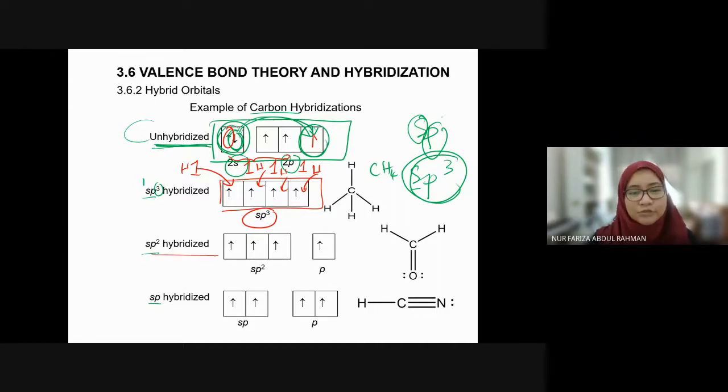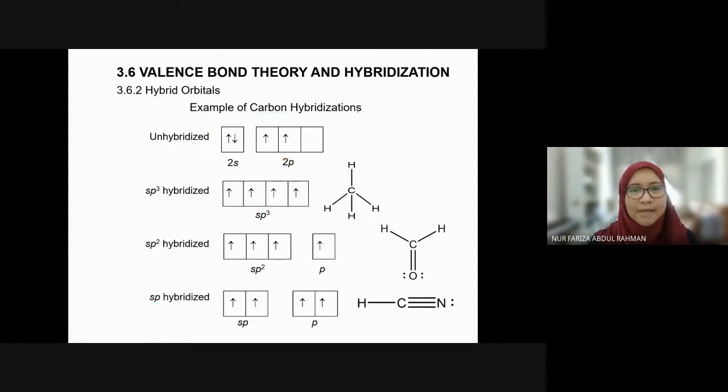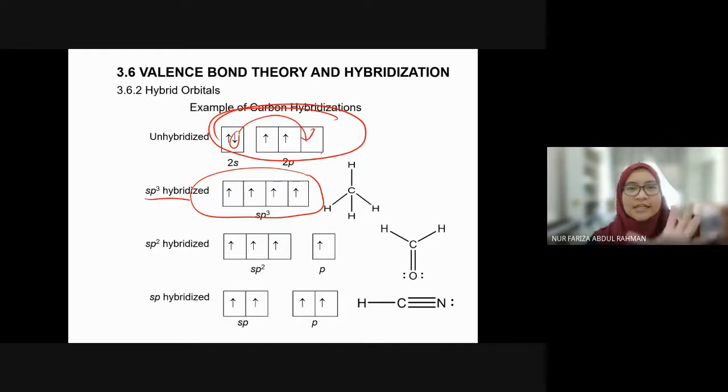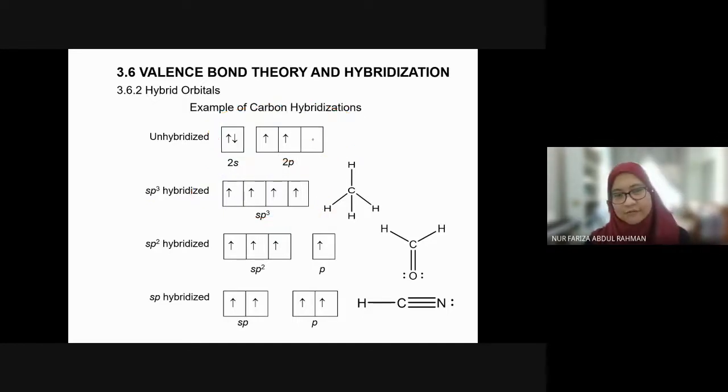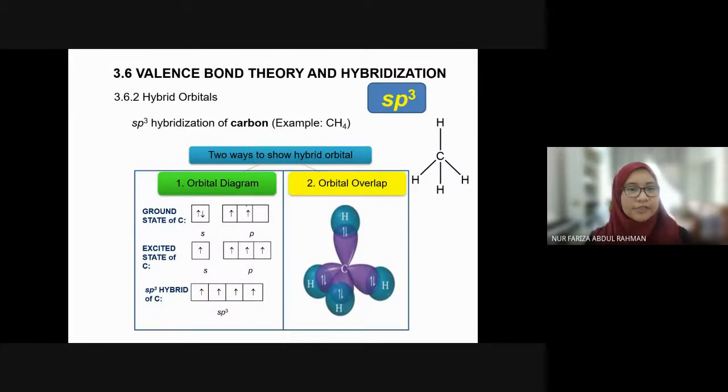Then we have sp2, sp3. As you can see, nampak tak? They combine. So initially dia begini. Begini. Kalau dia dah hybrid, if yes sp3 dia jadi begini. Dia lompat dulu and then they combine. Okay, so that is the idea of it lah. Alright, so this is what yang saya cakap sp3.